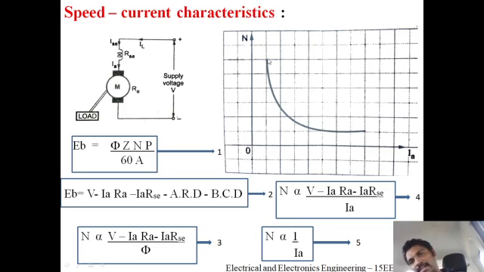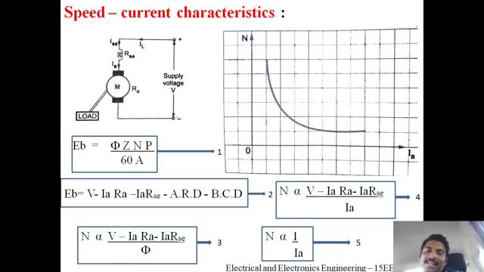Here you can observe, you will get a rectangular hyperbola. As the load on the motor is increased, the IA increases. The IA, which is inversely proportional to speed, therefore the speed decreases inversely.